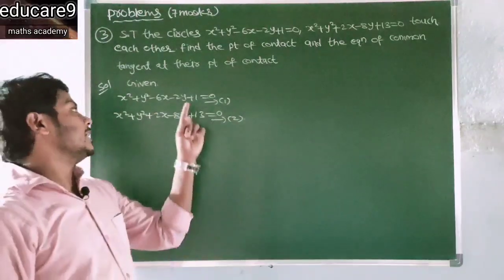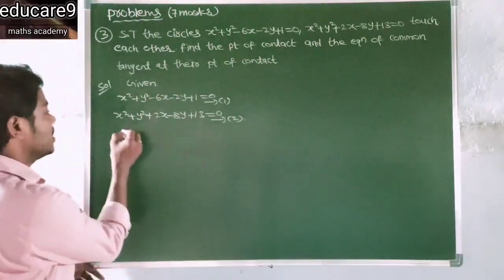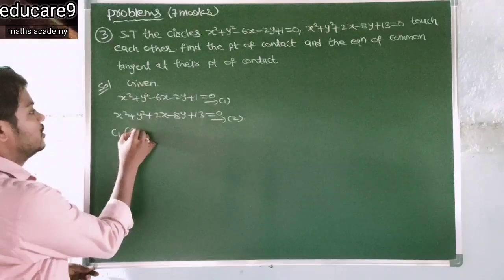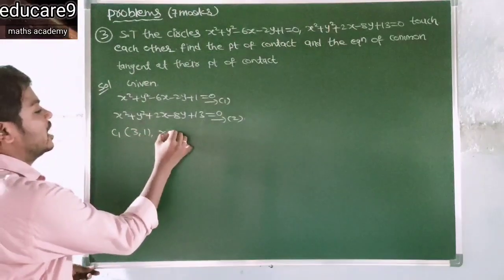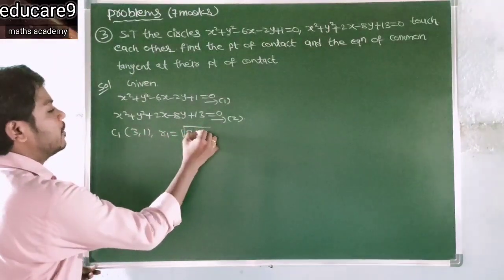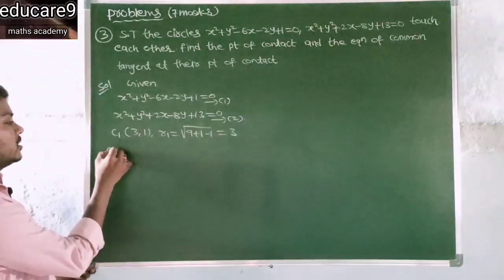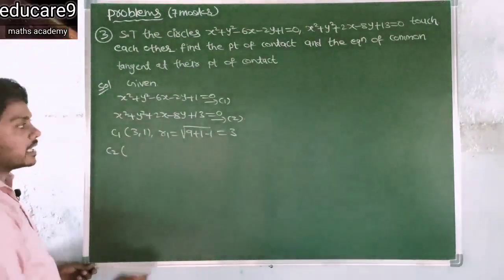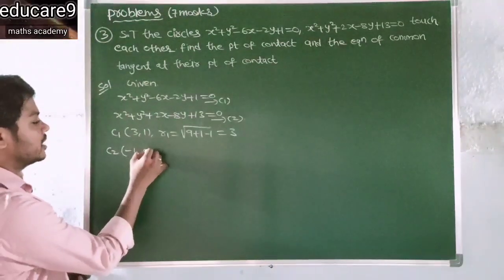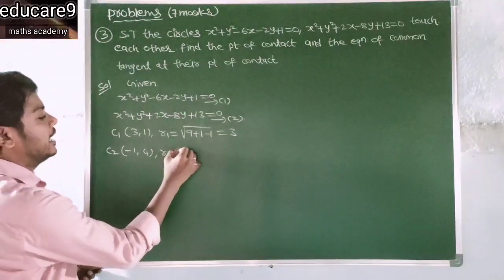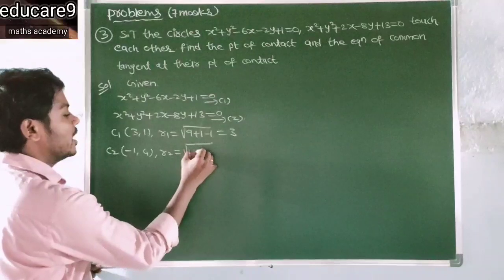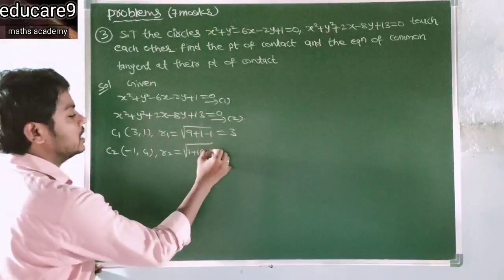So find the center of the circles. So C1 is what? 3 comma 1 and R1 is what? 9 plus 1 minus 1, you will get 3. And C2 is the center of the second circle, that is minus 1 comma 4, and radius of the circle is 1 plus 16 minus 13.